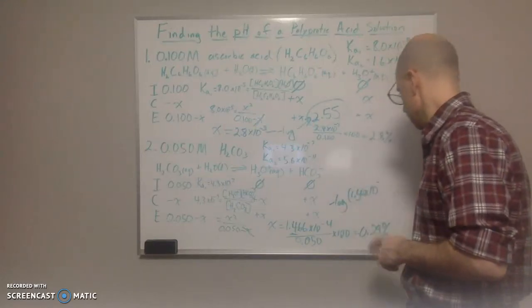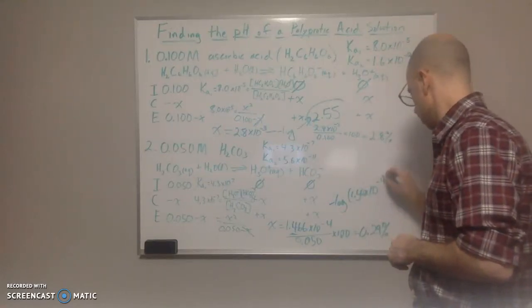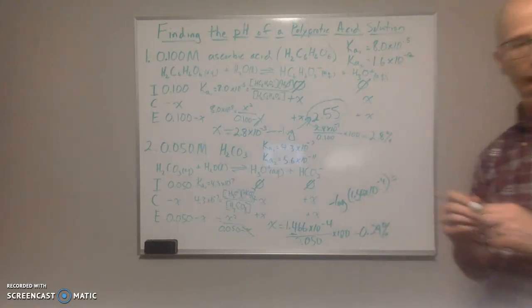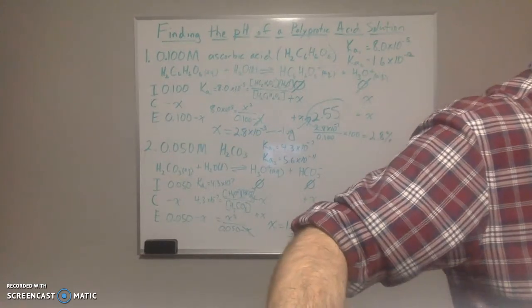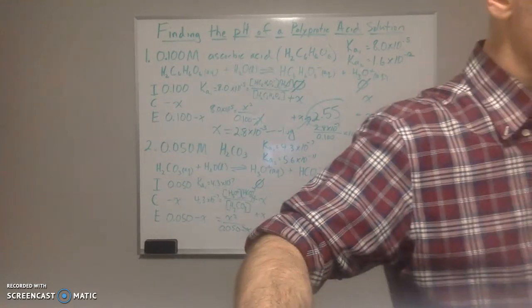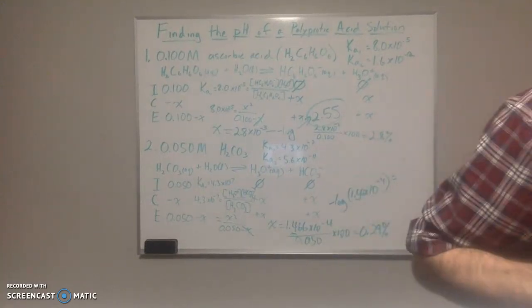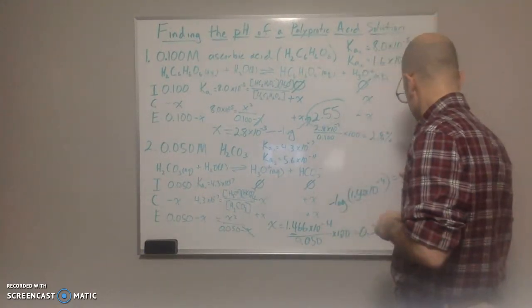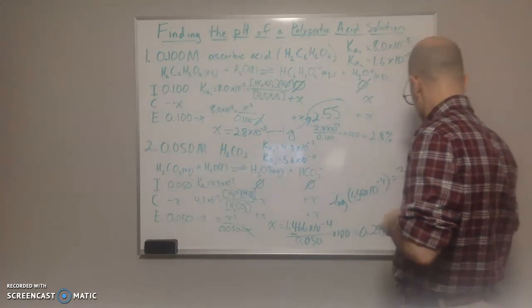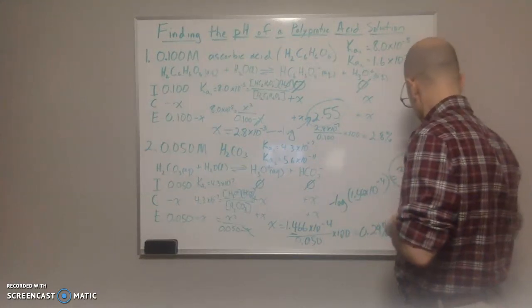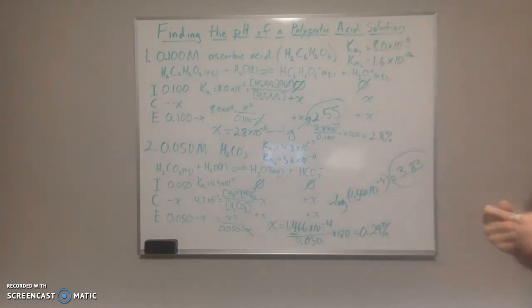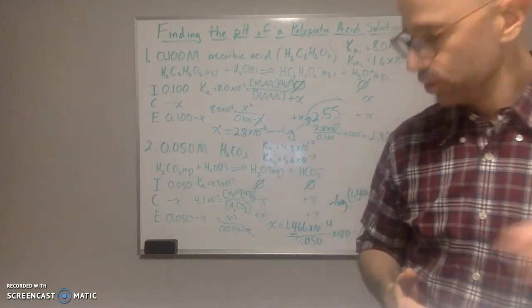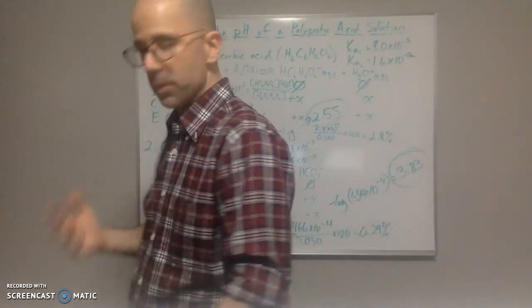That will give us our pH. And we get 3.83. So the pH is equal to 3.83. And that's how you figure out the pH of a polyprotic acid.